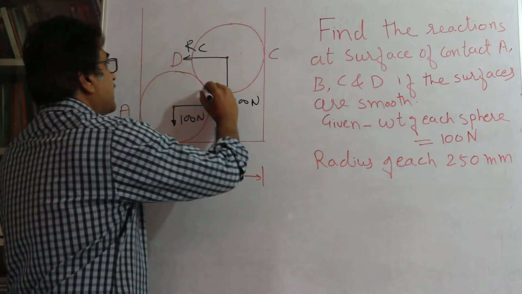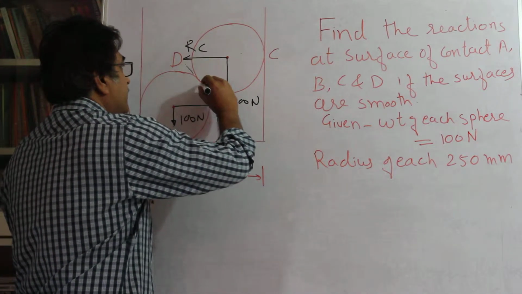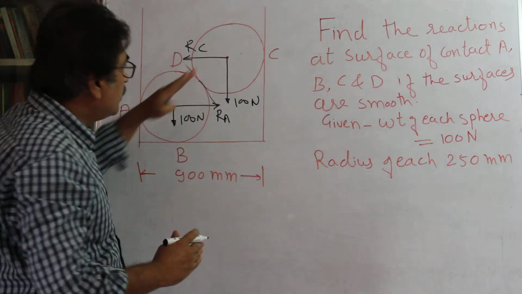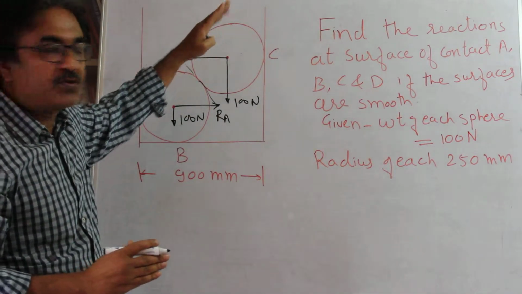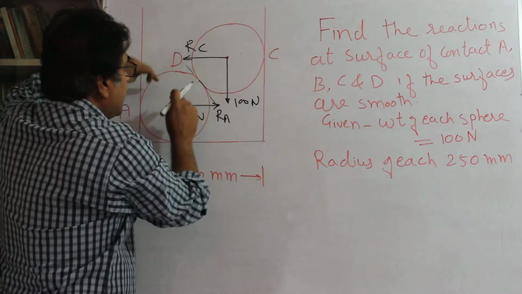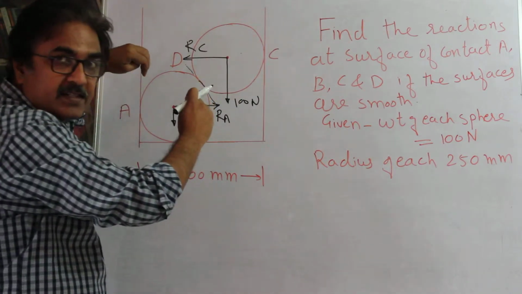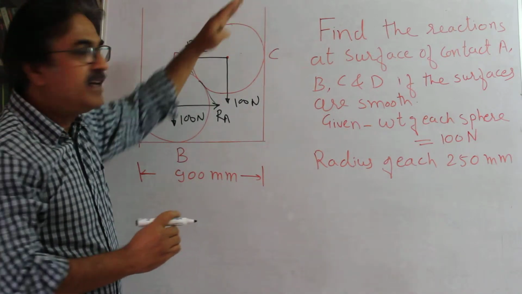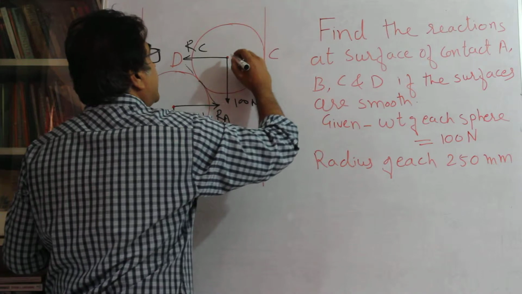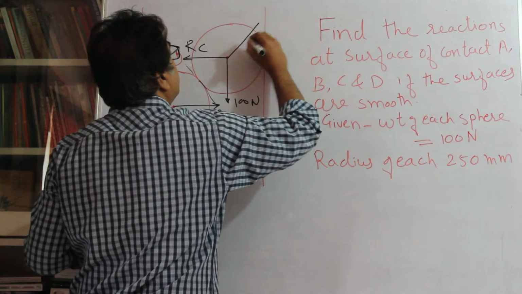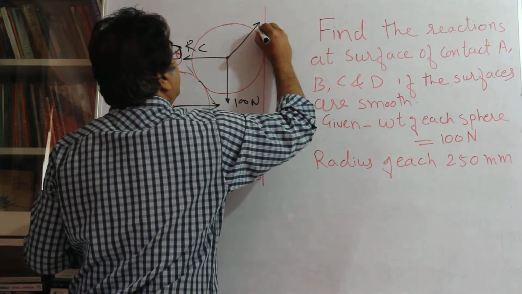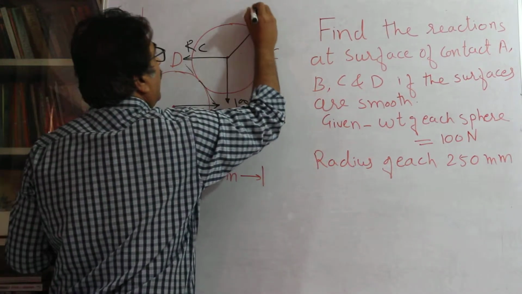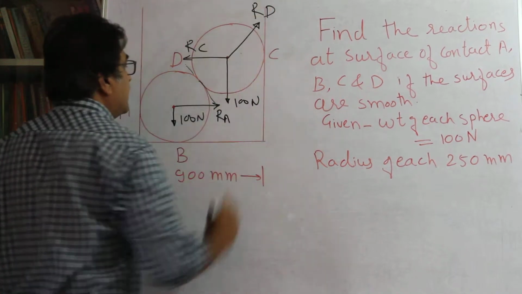Imagine a tangent through this point of contact, and through that there is going to be a perpendicular force. That means this sphere is exerting force on the lower sphere, and the lower sphere is giving a reaction, right? The reaction will pass through the center. Since this point of contact is D, I will call this RD.